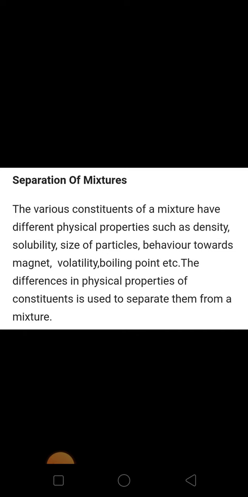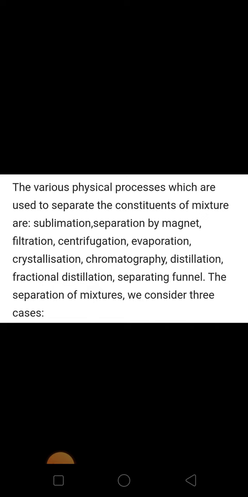By using these physical properties, there are different processes used to separate mixtures. For example, sublimation, using a magnet, filtration, centrifugation, evaporation, crystallization, chromatography, distillation, fractional distillation, and the separating funnel.